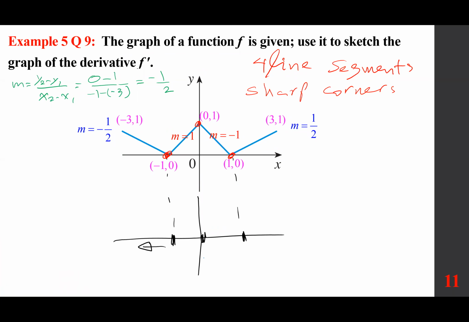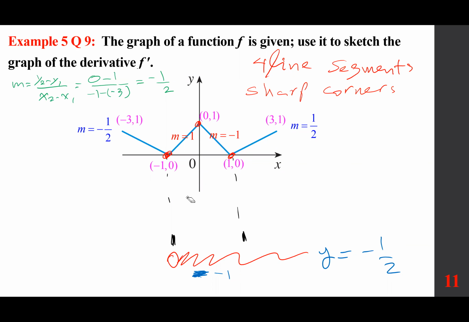I just want to look at one piece. If this line continued indefinitely on both sides, the answer would be this line, but it doesn't. It stops at -1. So I'm going to stop at -1. How? I need a hole here, and I'm going to get rid of everything to the right. Do you see that? You do the same thing with the rest of it. And that's how it works.